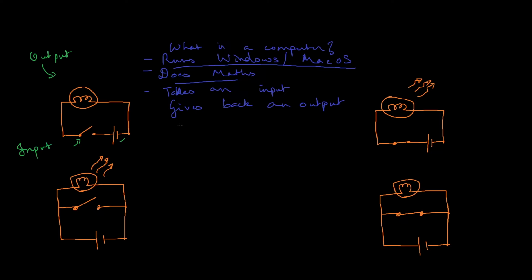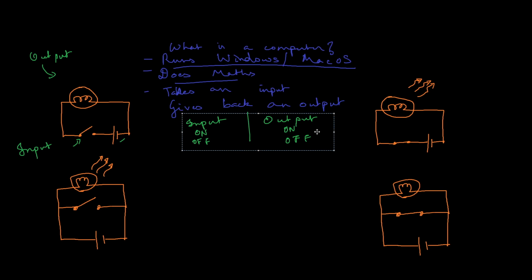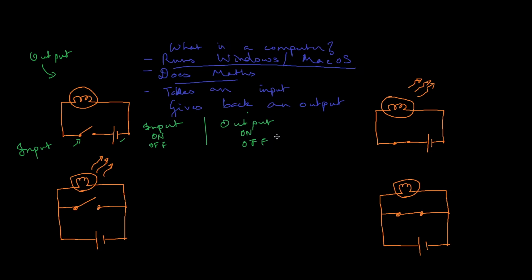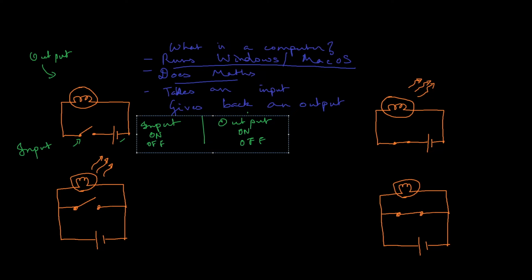And so when the switch is on, the output is on, and when the switch is off, the output is off. Let's make it even simpler. Instead of writing on and off, we can write something like zeros and ones maybe.